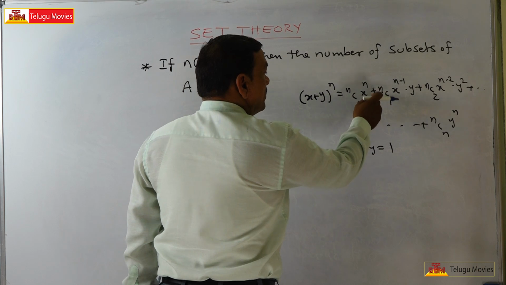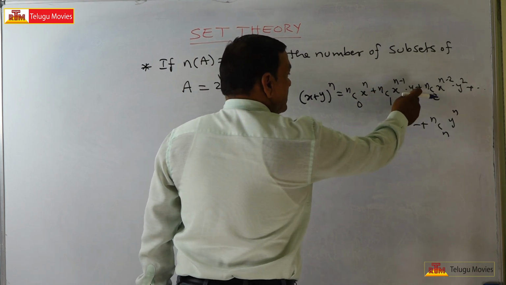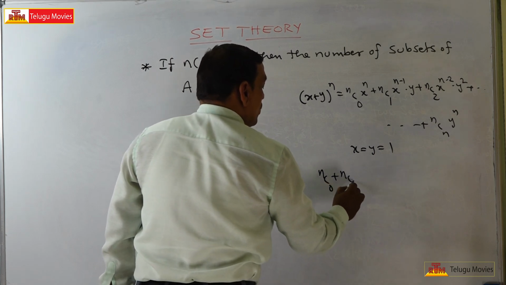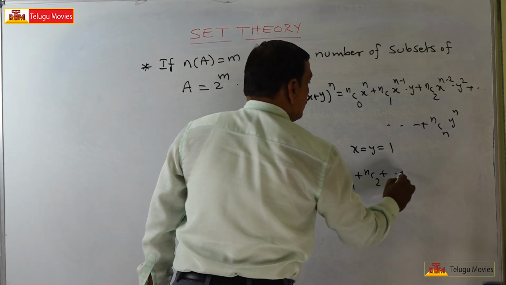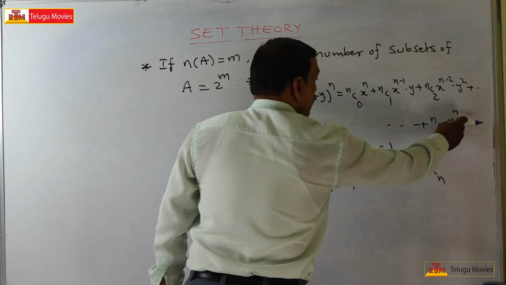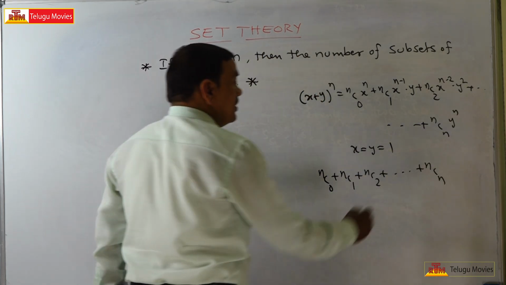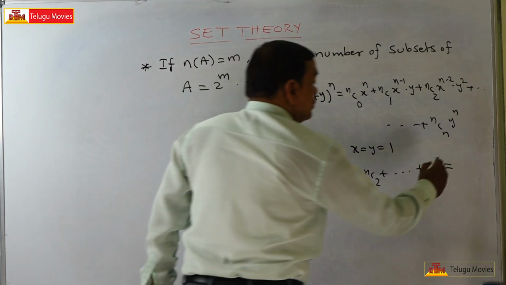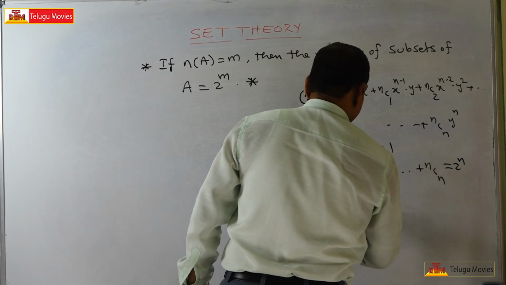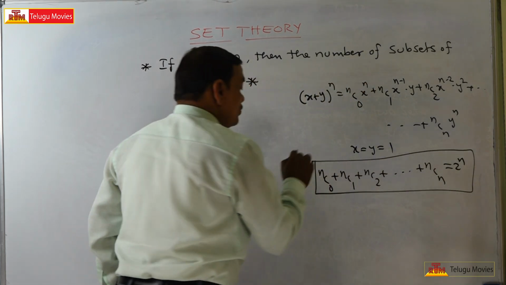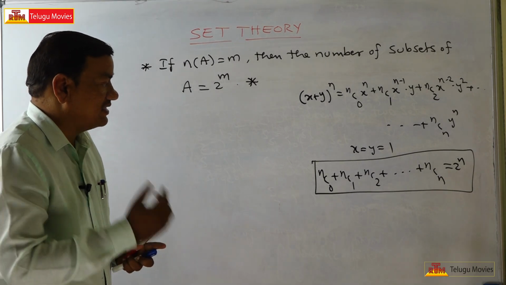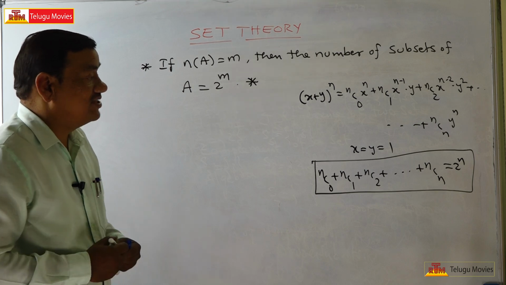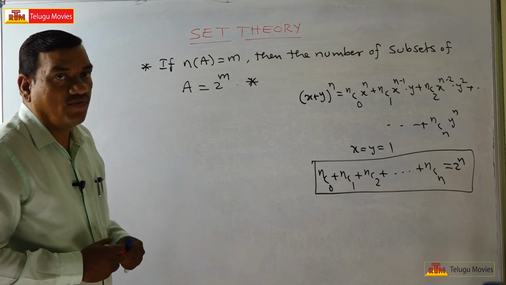We get nC0 plus nC1 plus nC2 and so on up to nCn, equal to (1 + 1)^n, that is 2 to the power of n. So this is the formula: nC0 + nC1 + nC2 + ... + nCn is equal to 2 to the power of n.